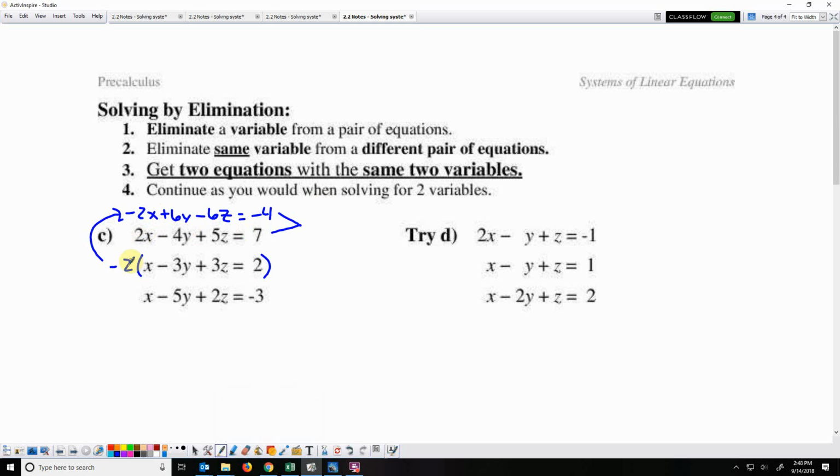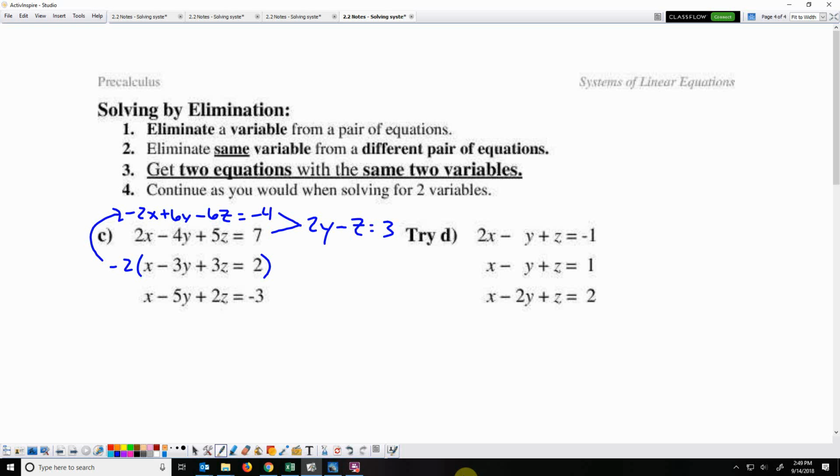Okay, so the x's will cancel. 6y minus 4y is 2y. 5 and negative 6 makes negative 1, so minus z. And 7 and negative 4 makes 3. Okay, so I've got one equation down to a y and a z.